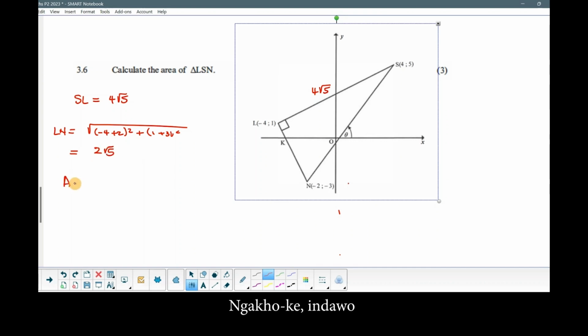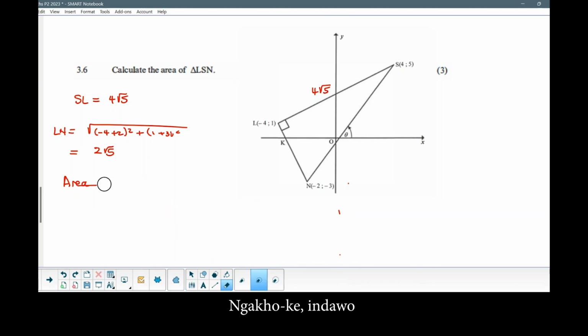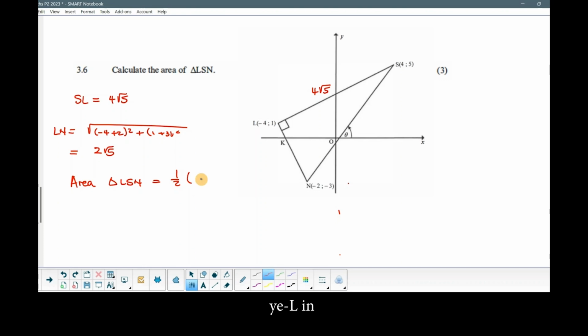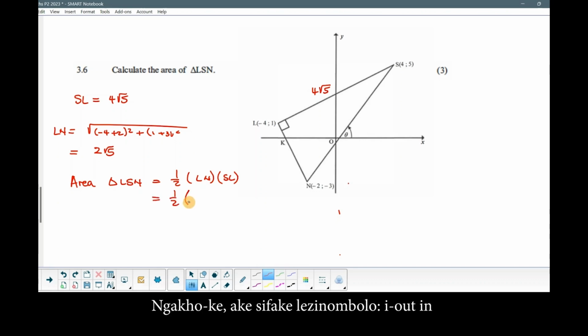So area of triangle LSN is equal to half of Ln times SL. So let's put those numbers in. Ln is equal to 2 root 5 and SL is equal to 4 root 5.